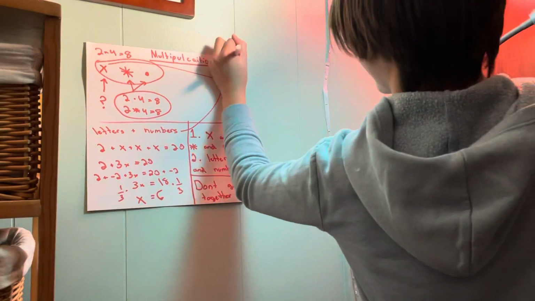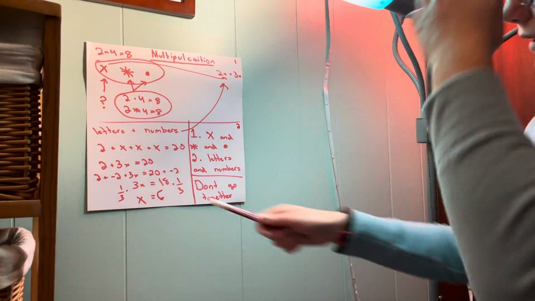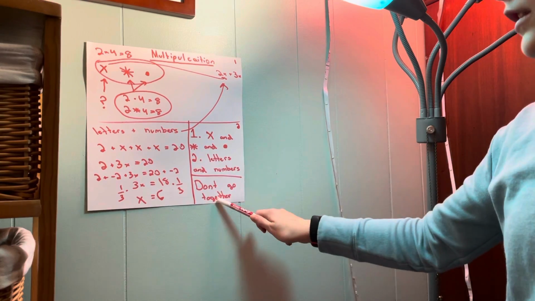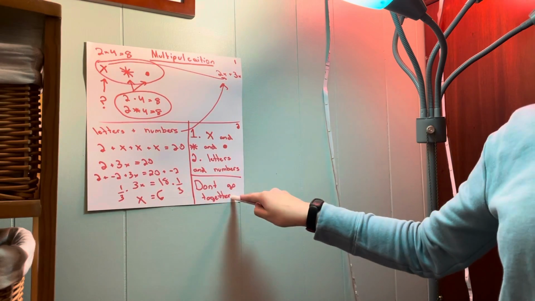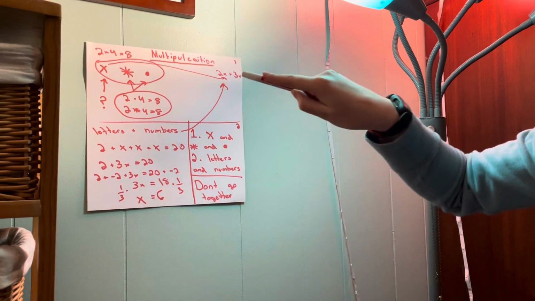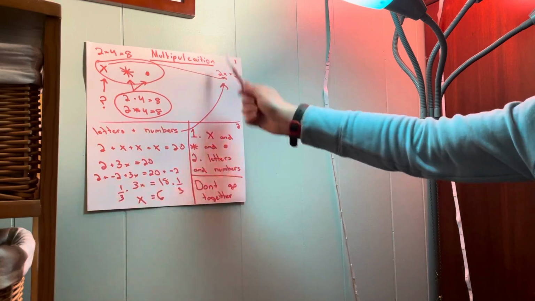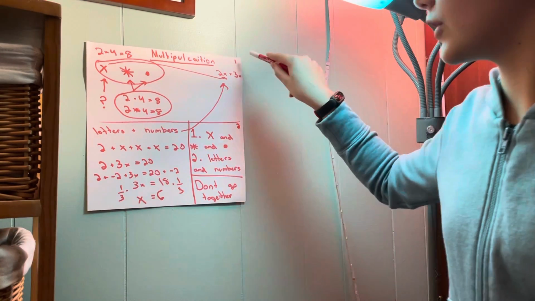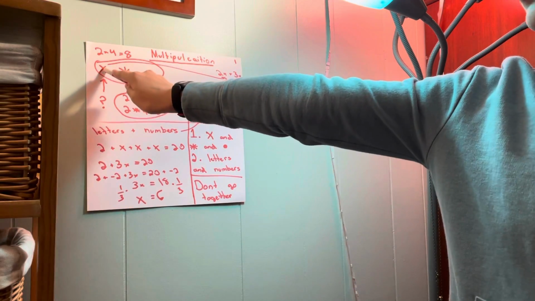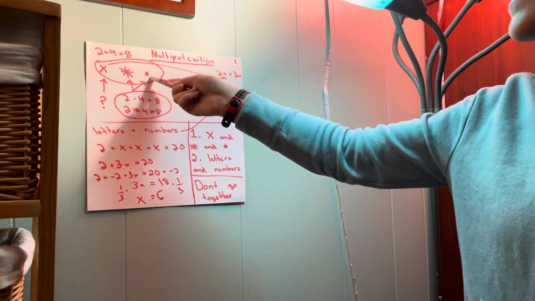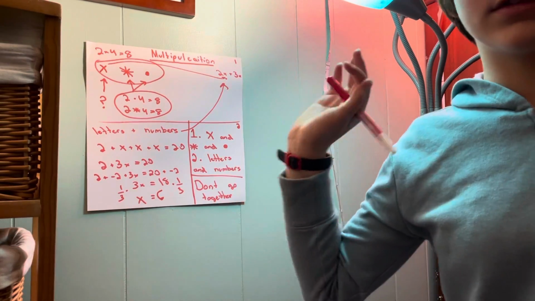This was the first part, this was the second part. Letters plus numbers equals don't go together. And this all is multiplication. For number 1, why teach us that when we're going to use that for that? Thank you.